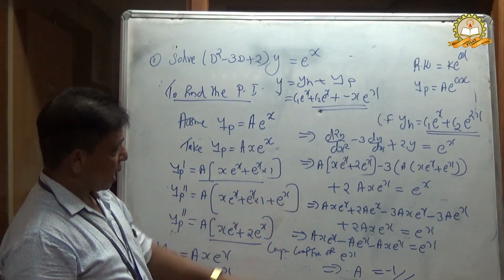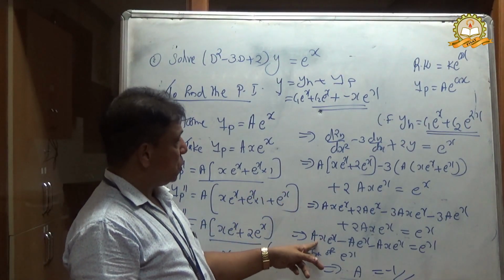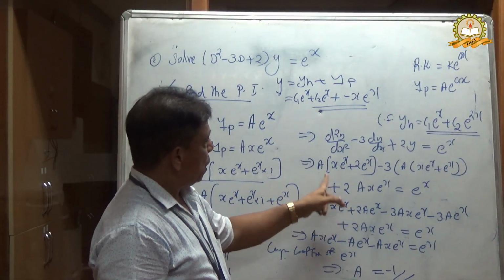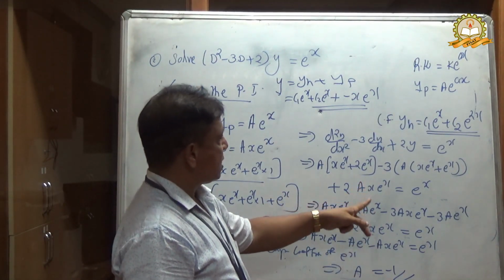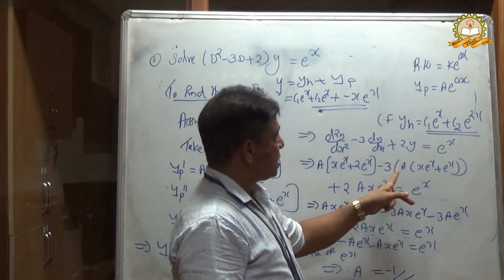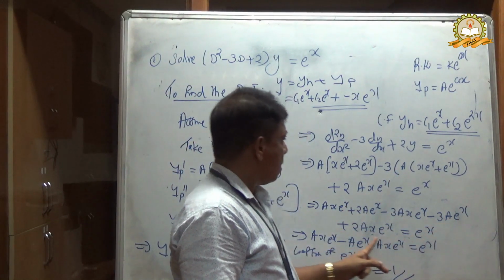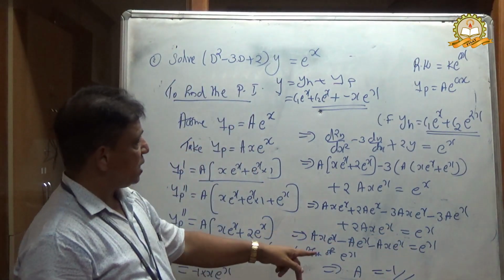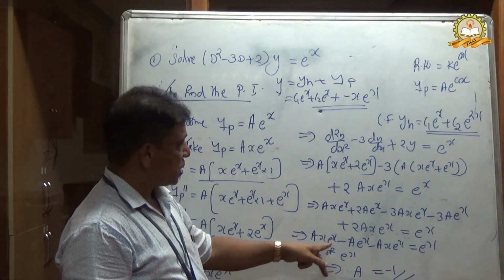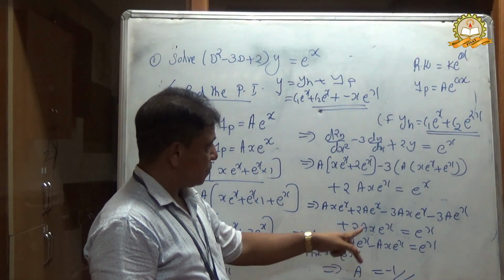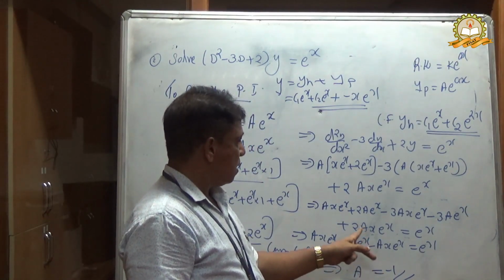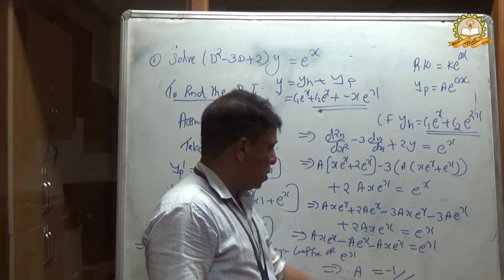When releasing the bracket, we get a into x into e raised to x plus 2a into e raised to x minus 3a into x into e raised to x minus 3a into e raised to x plus 2ax into e raised to x equal to e raised to x. Simplifying this result, a into x into e raised to x minus a into e raised to x. Simplifying this term and the last term, a into e raised to x minus ax into e raised to x, equal to e raised to x.